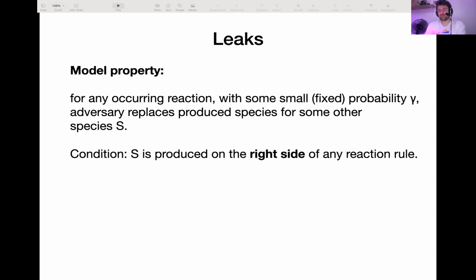If this fault happens, the adversary can, instead of actually going from A plus B to C plus D, produce some other output, where the output is any other species that can be produced by any type of reaction. So if a species S increases its count in any reaction in the grammar defining the population protocol, it can also be spontaneously produced.